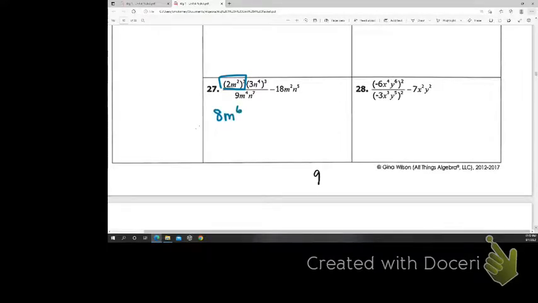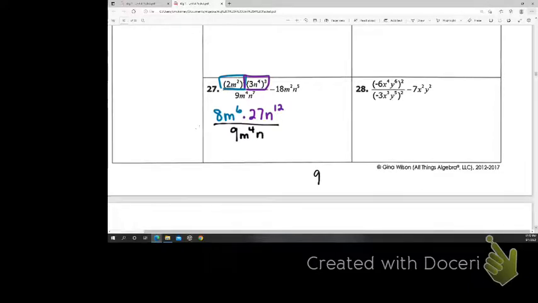So 2 to the 3rd, and then multiply the exponent. Then I'm looking at this. 3 to the 3rd, so 27 n to the 12th. And then all of that's getting divided by this.